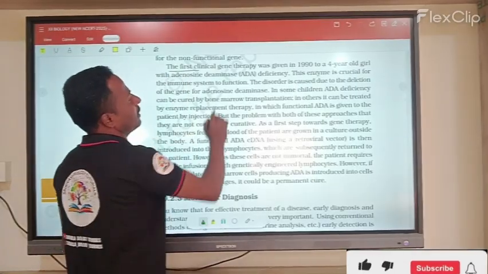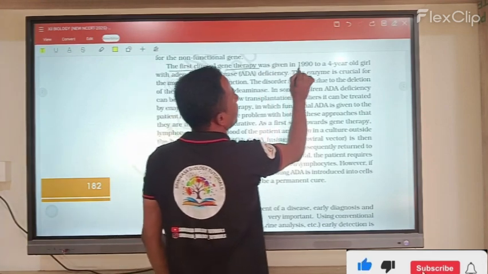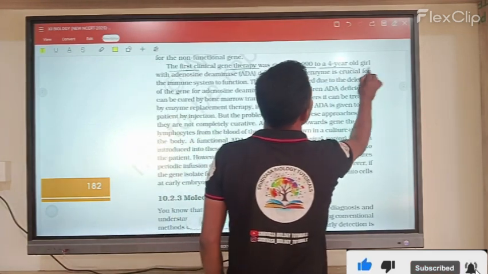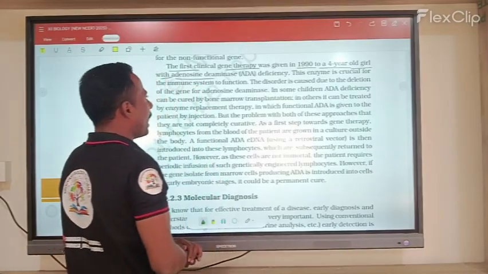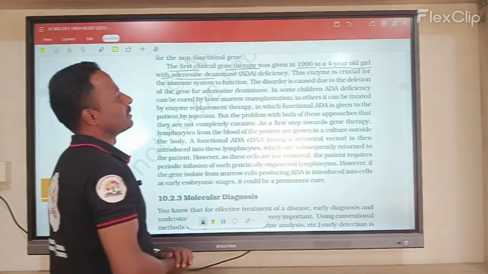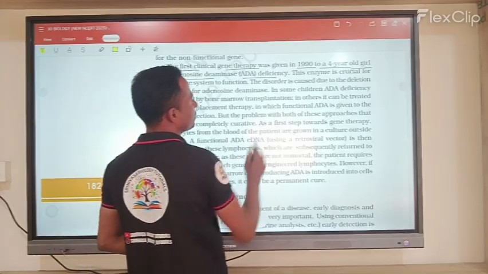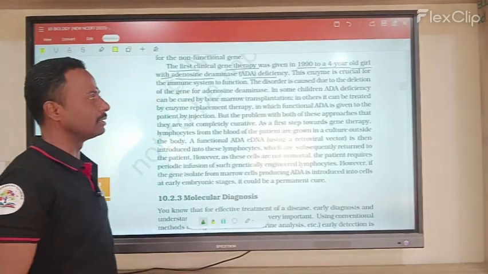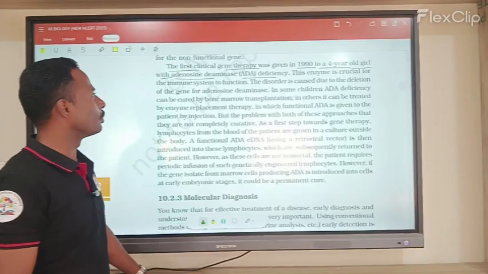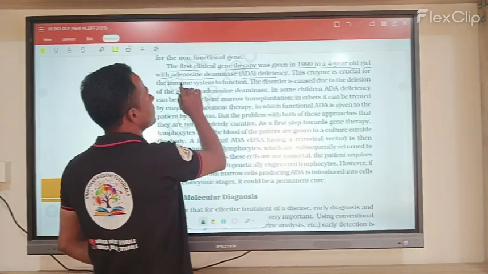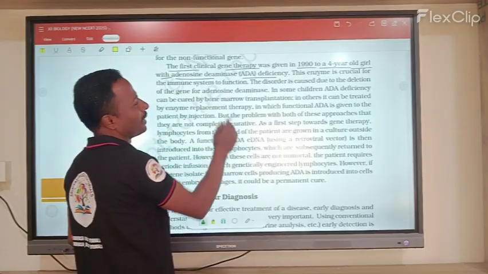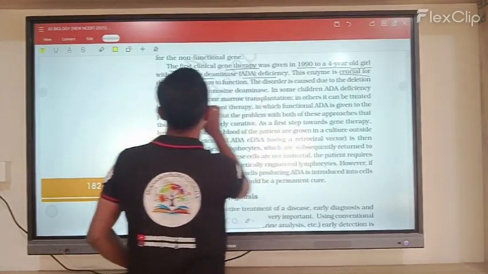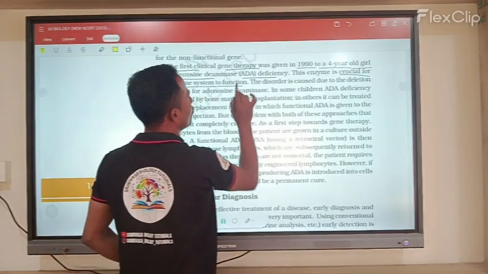The first clinical gene therapy was given in 1990 to a 4 year old girl with adenosine deaminase (ADA) deficiency. This enzyme is crucial for the immune system to function.